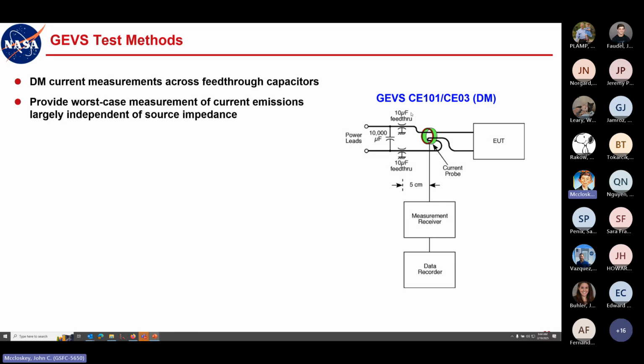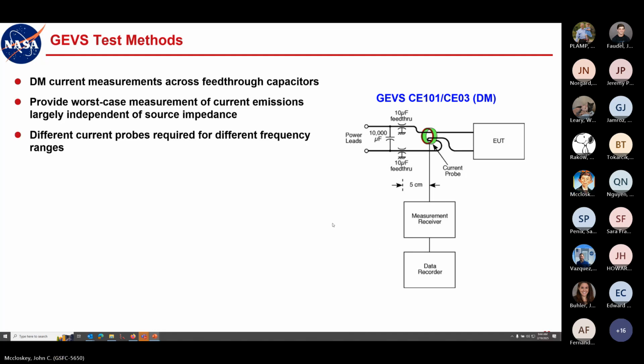So again, the capacitor network is intended to represent a battery, so basically as low an impedance as you can get. So whatever current noise the EUT is going to produce, the low source impedance will be able to provide that current. And so you won't be providing some kind of impedance here that will artificially limit whatever current the EUT may draw.